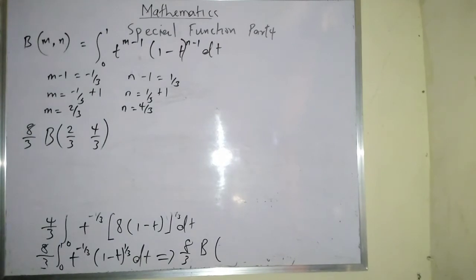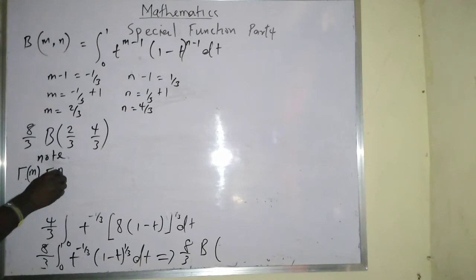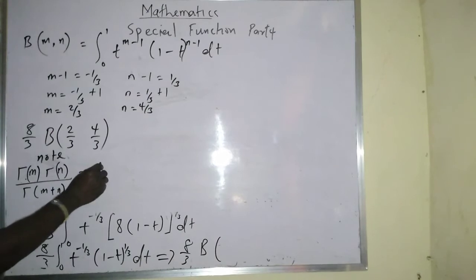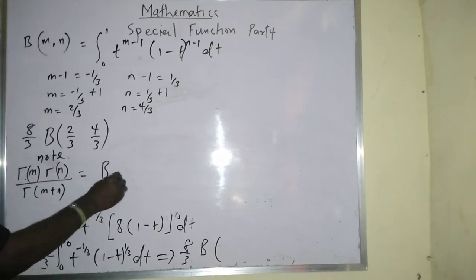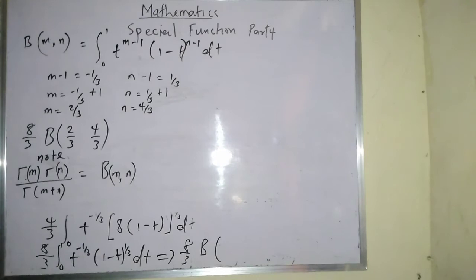Now, since I have that, I can as well write this as a gamma function, which I showed the relationship in our previous video, part 3, that gamma of m times gamma of n divided by gamma of m plus n equals beta of m and n.